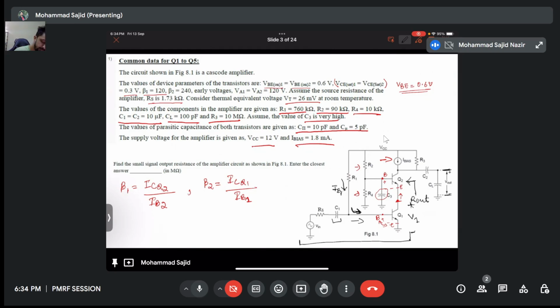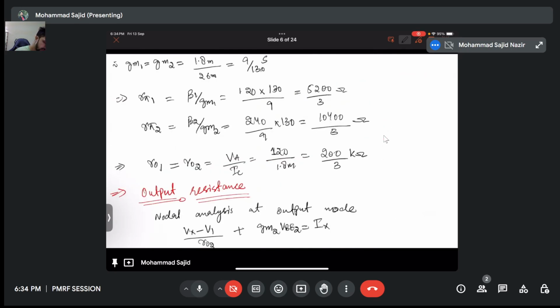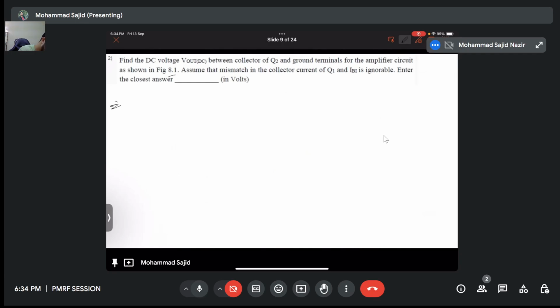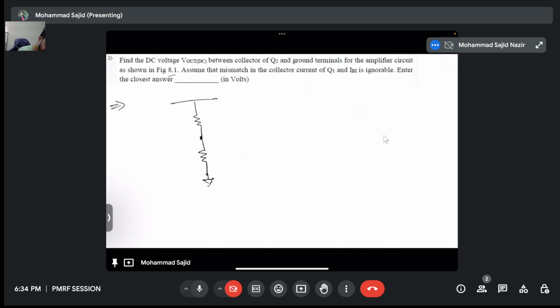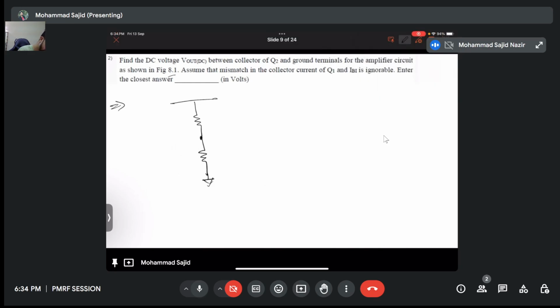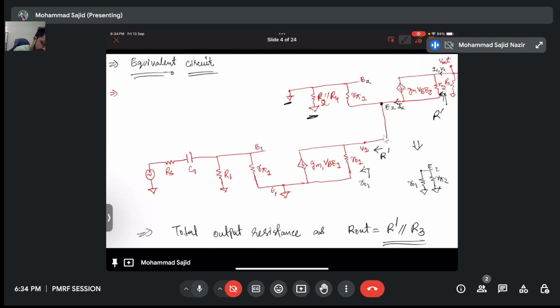So this is the same voltage which will be across R out. We just calculated R out, sorry, this is not R out, R dash. We calculated R dash because R dash is the resistance.